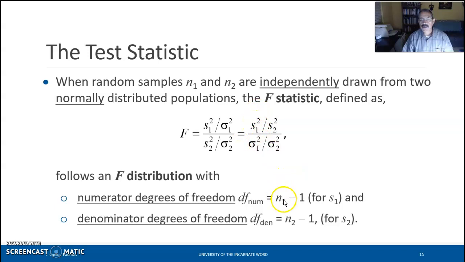So the degrees of freedom of the numerator goes with the first sample variance. And the denominator degrees of freedom goes with the sample variance in the denominator of this ratio. So it's very important to know which variance is on top and which variance is at the bottom, because then we're going to use the degrees of freedom correspondingly.